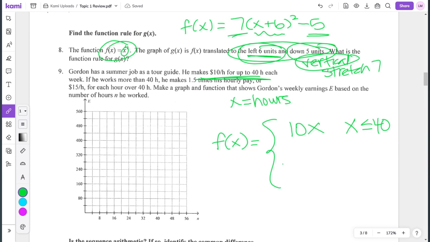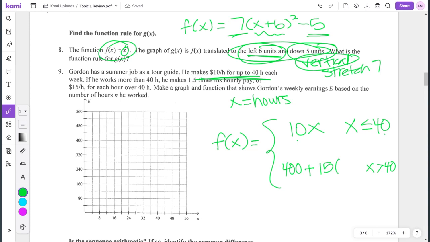So he's going to get the 400 from the 40 hours because 40 times 10 is 400. Plus, he's going to get $15 an hour for every hour over 40. So this is going to be x is greater than 40. So if he works 41 hours, he's going to get 1 hour at $15 an hour plus the 400.